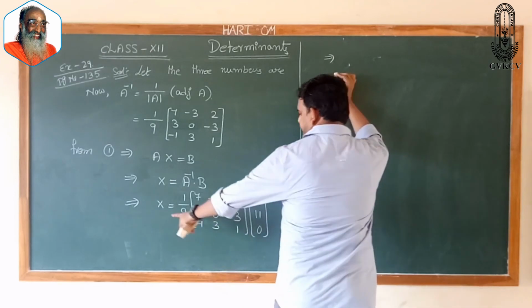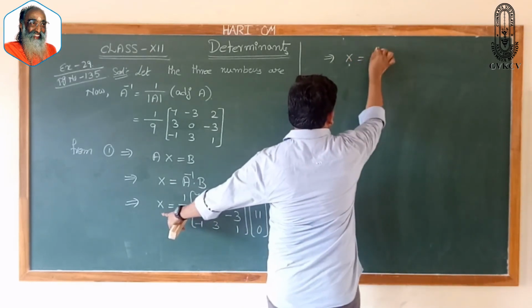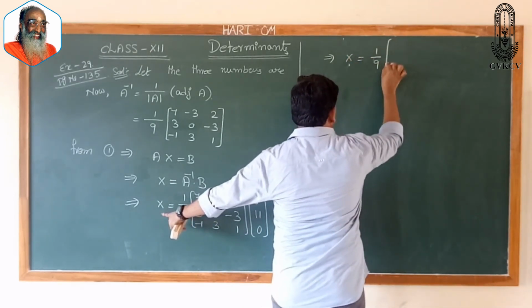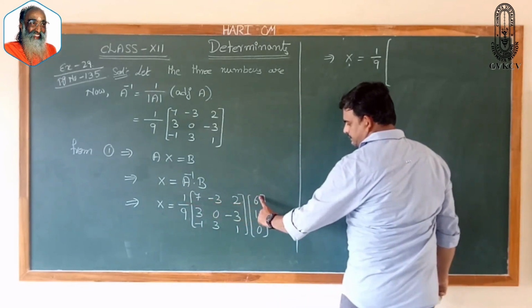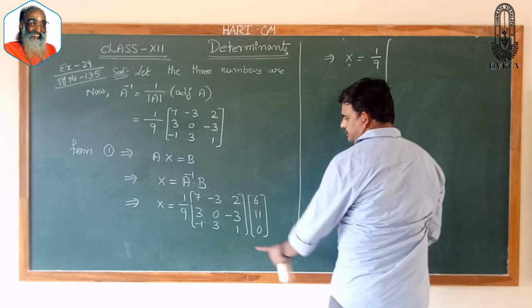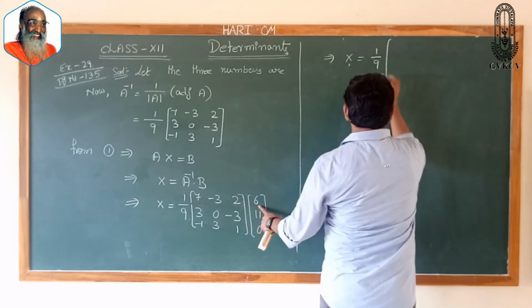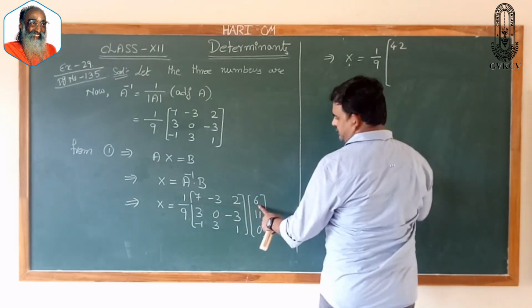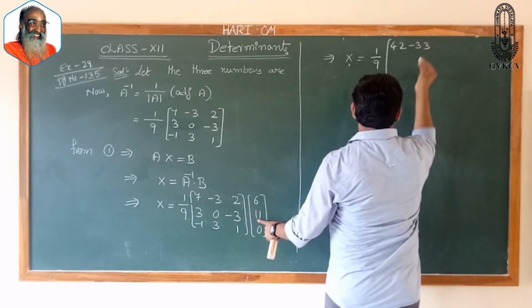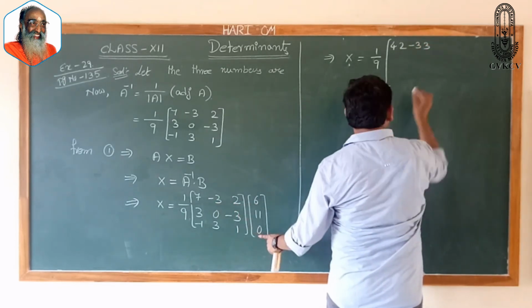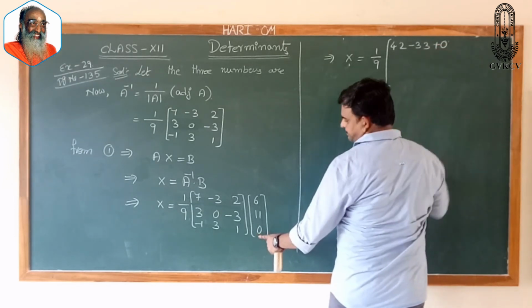That implies x is equal to 1 by 9. As we know, the first row will multiply with the first column. So we have 7 into 6, 42, minus 3 into 11, minus 33, 2 into 0, 0.